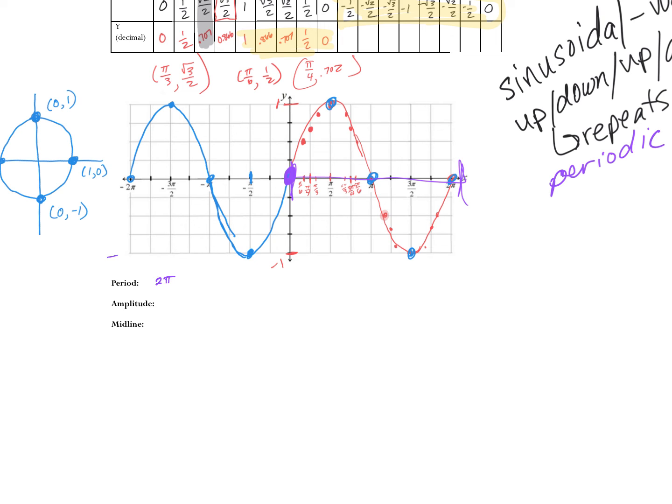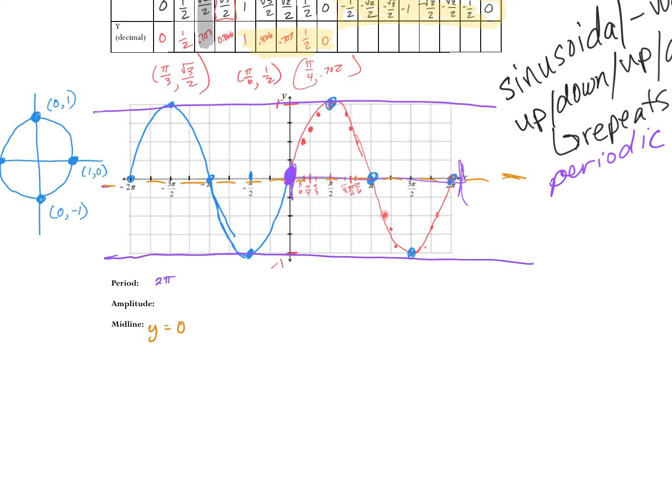Now, every wave has something called an amplitude and a midline. My midline cuts the waves in half. In this case, that midline is the x-axis, or all the places where the y-coordinates are 0.